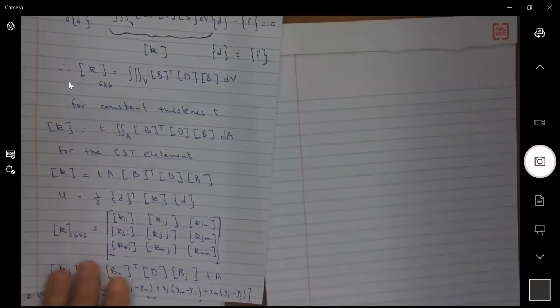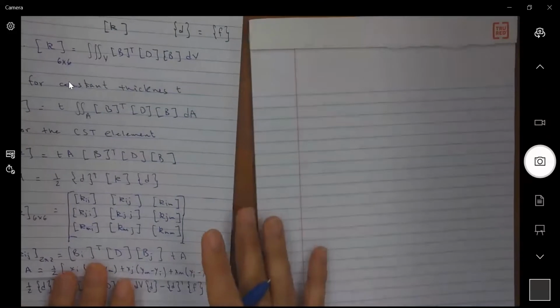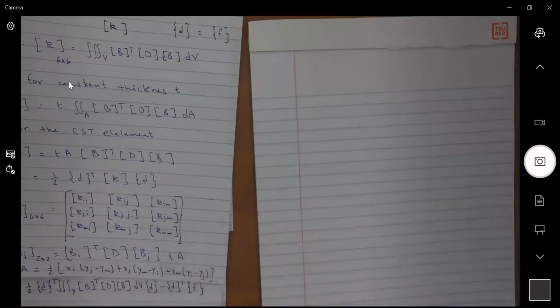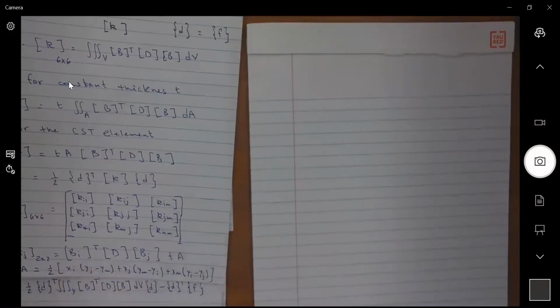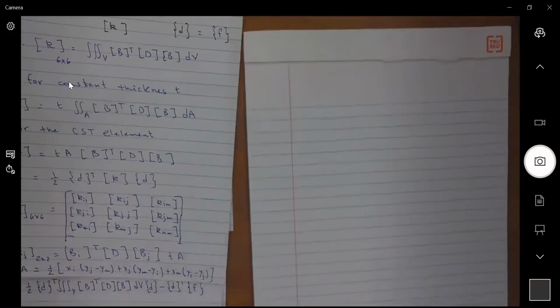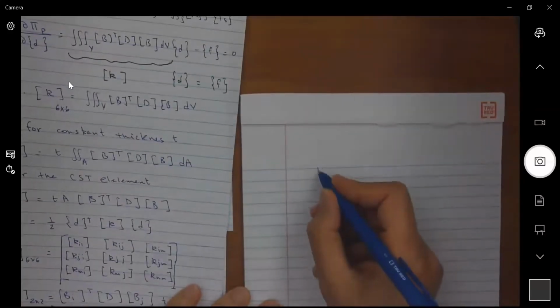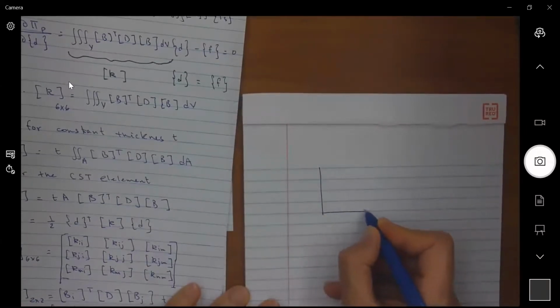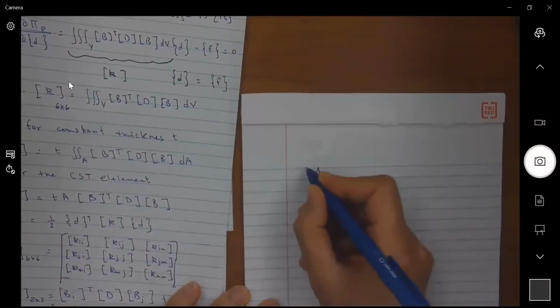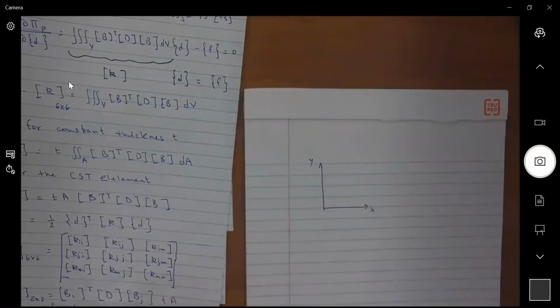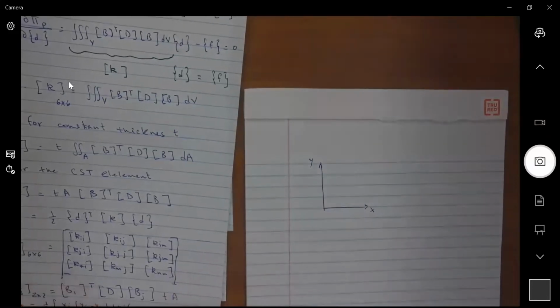In most cases, we are going to express the element coordinates with respect to the global coordinates, right? So we'll be using the global coordinates, x and y, and expressing the element stiffness matrix using global coordinates.